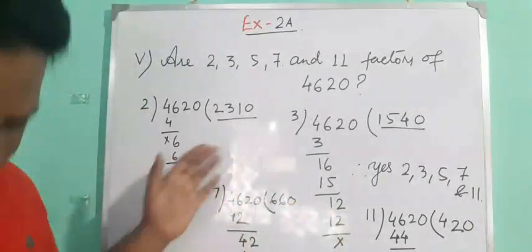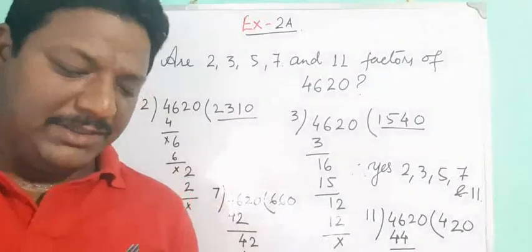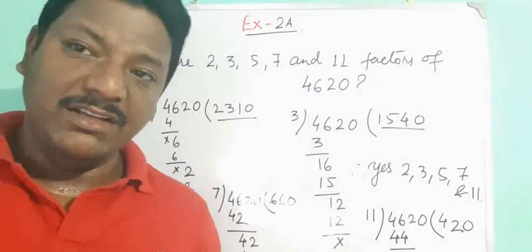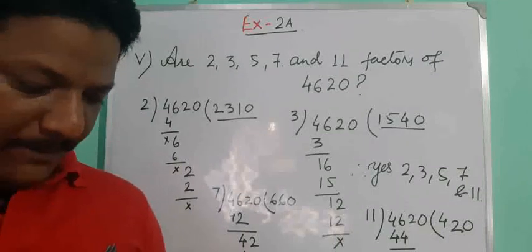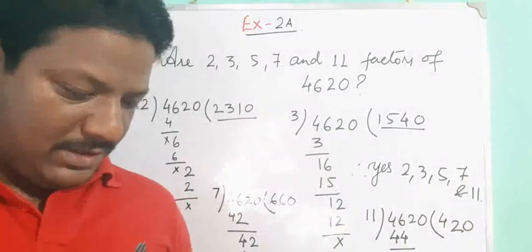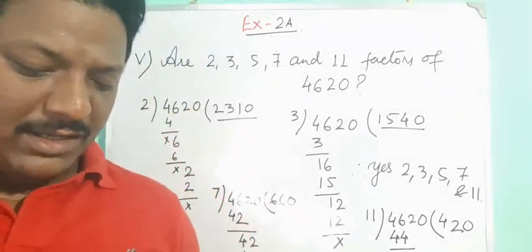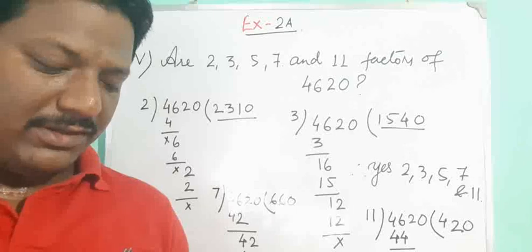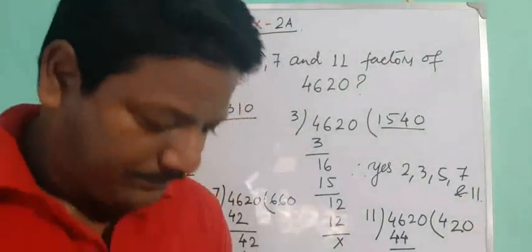Alright, very simple. Yes, you have to divide and find whether the numbers given is dividing completely the given numbers or not. Okay, so here this is the exercise 2a to find whether the number is factor or not.